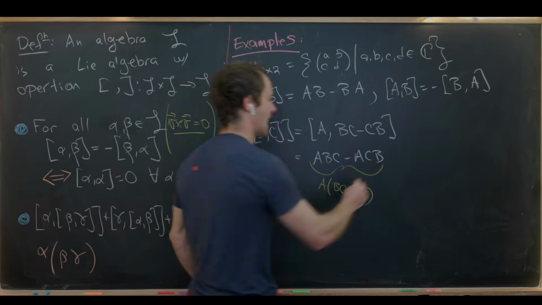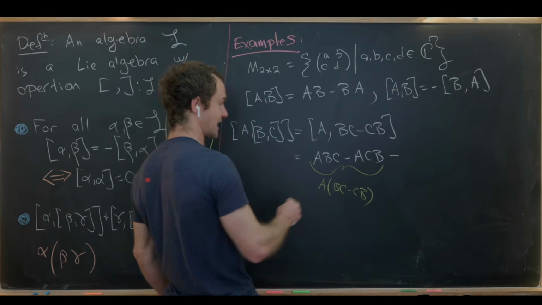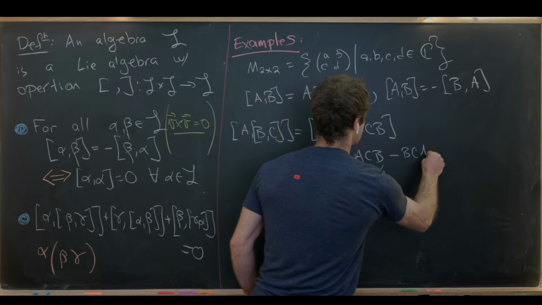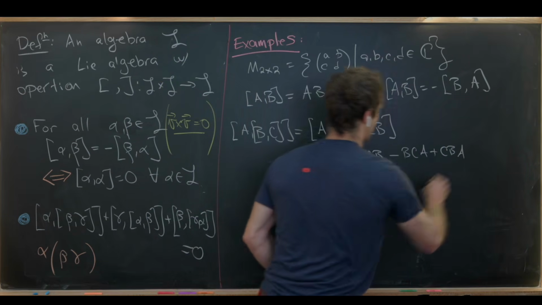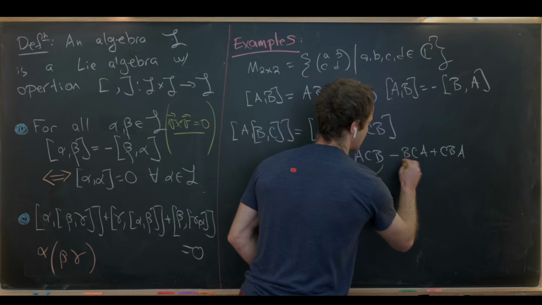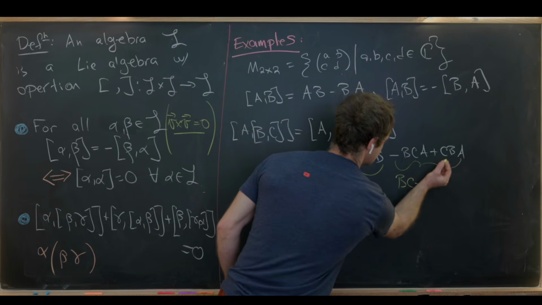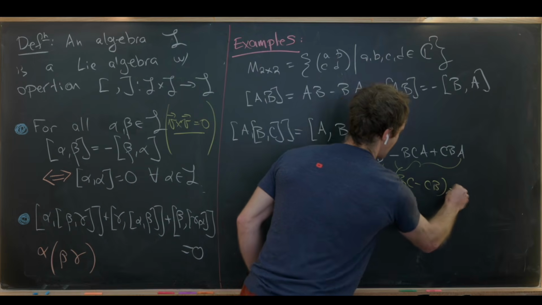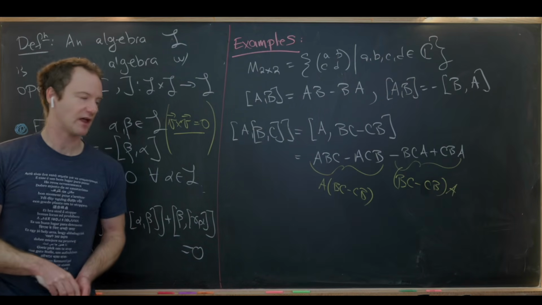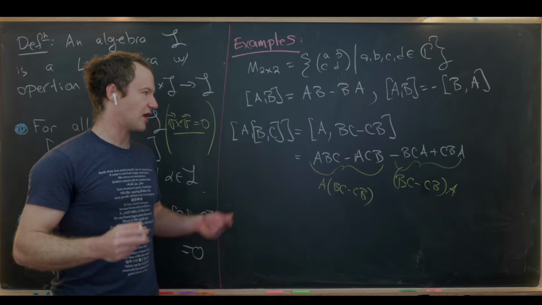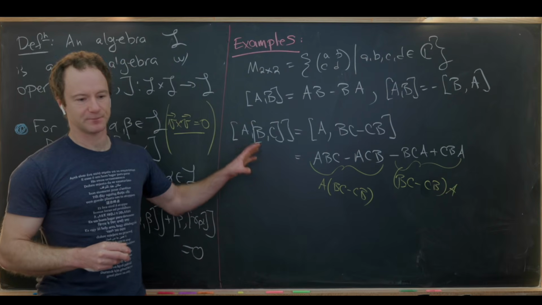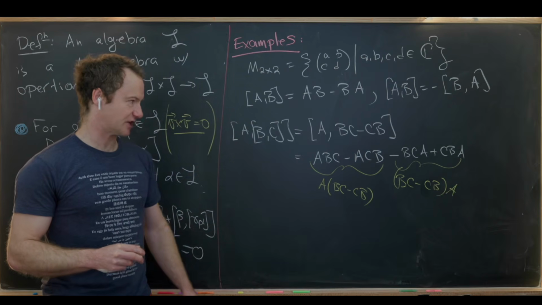And then from that, we would subtract BC minus CB with A on the right-hand side, where I've carefully distributed the minus sign. Okay, so that is this type of object.